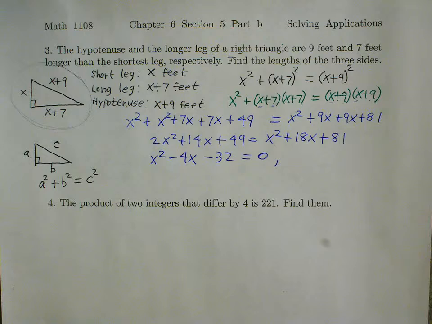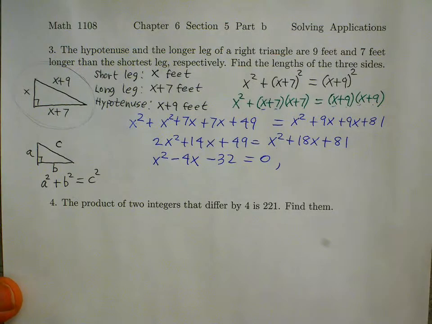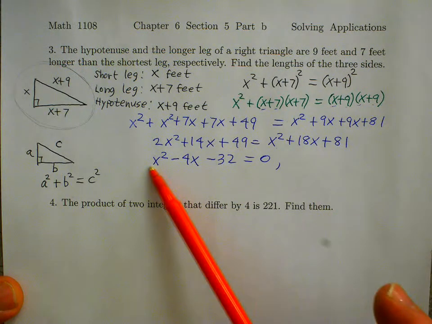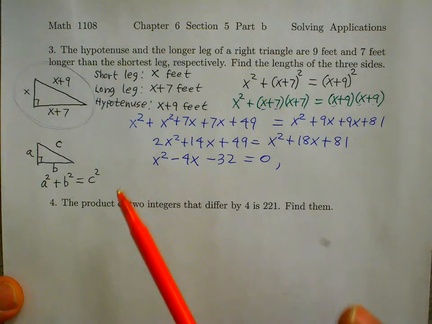So you should do whatever it takes. If you need to go into more detail by using the AC method, then go ahead and do that. I'll start to explain what is called the abbreviated AC method.